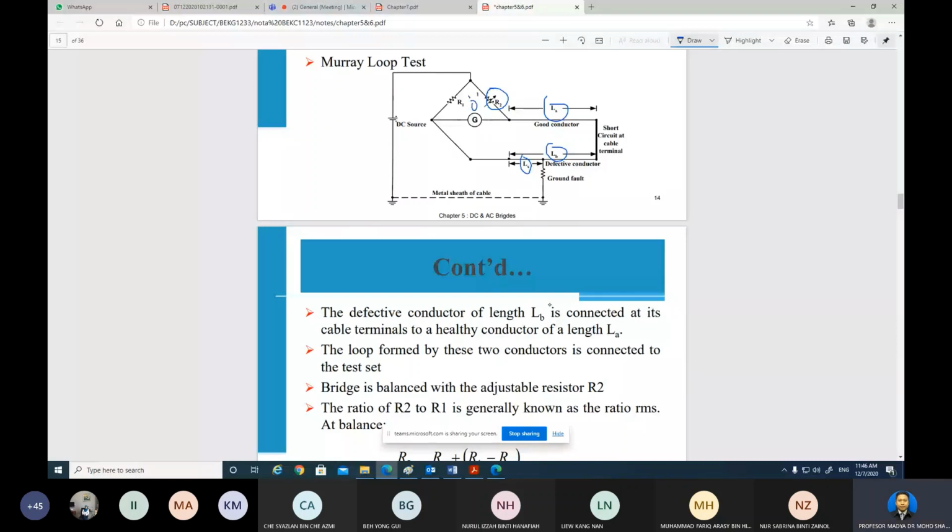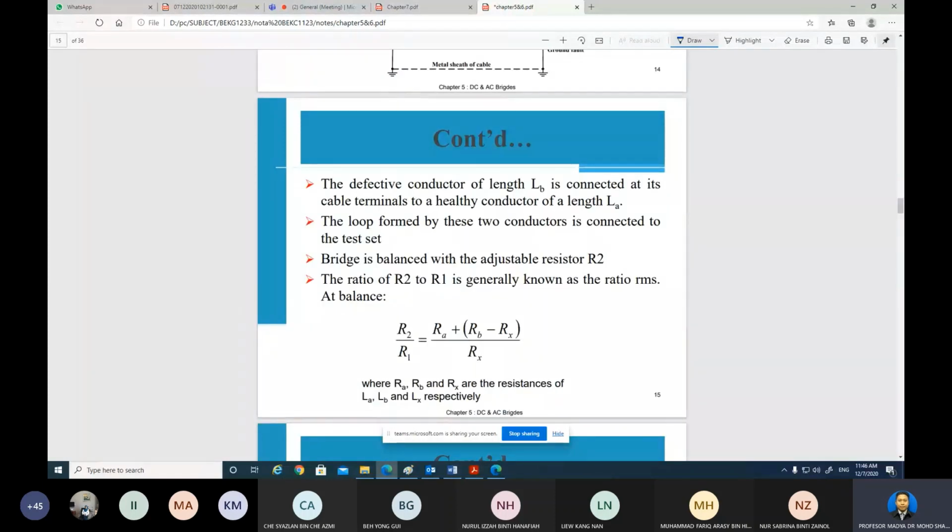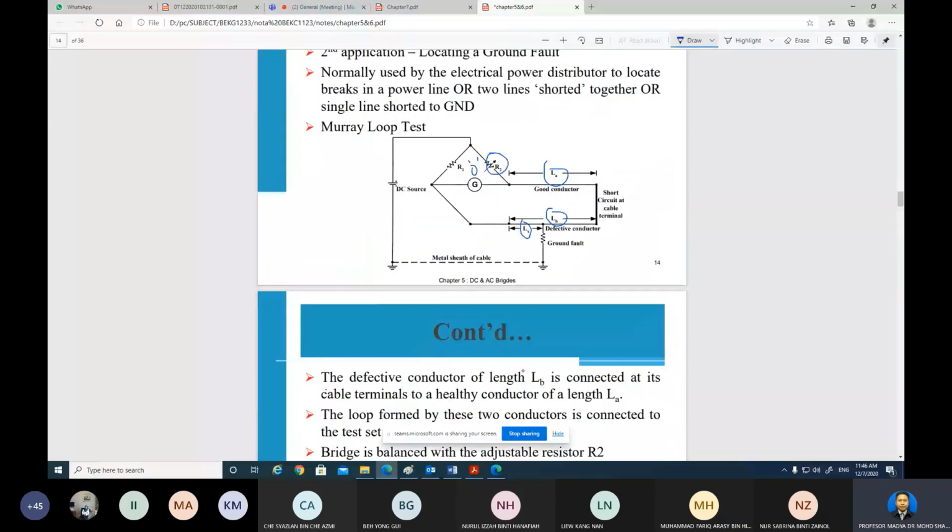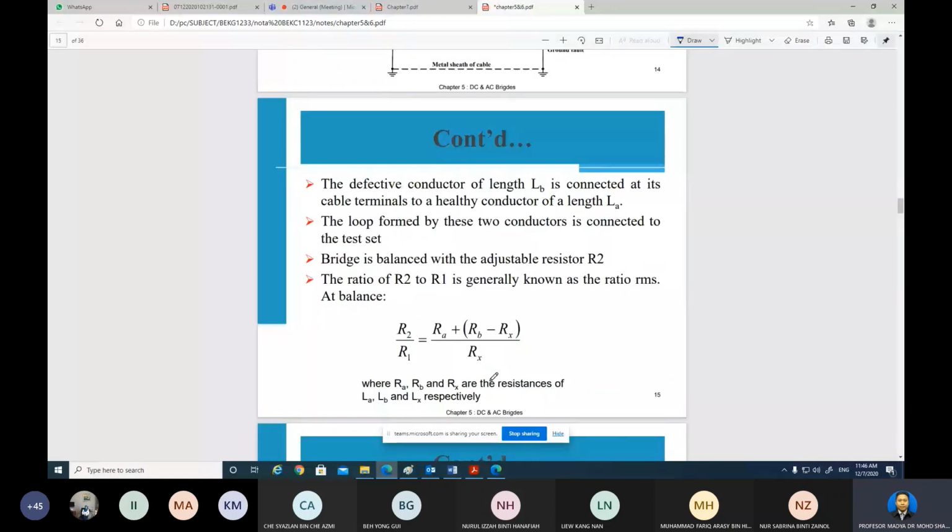You can see the ratio of R1 to R2 is generally known as the ratio arms. This is the formula for balance: R2 equals R1 divided by this part, which is RA plus RB minus Rx, divided by Rx.